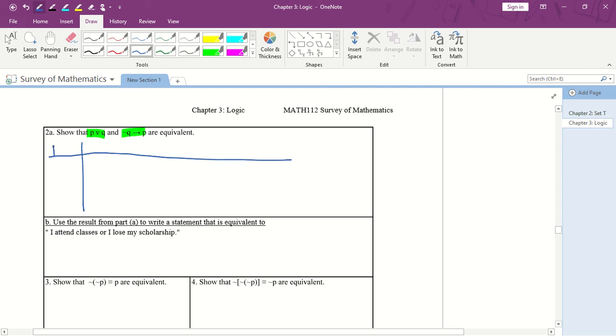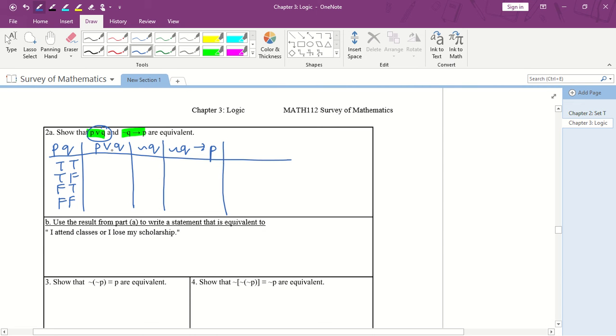So P and Q: true, true, true, false, false, true, and false, false. And of course, we'll start with this directly because we have P and we have Q. P or Q. And the next one, negation Q. Why negation Q? Because this is at the left side and we need to have the elements first. Then negation Q to P. I hope you got the idea here.